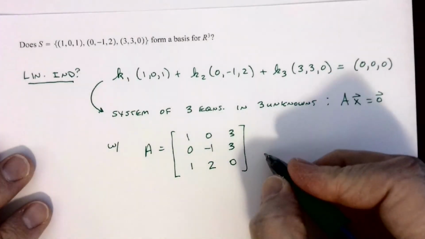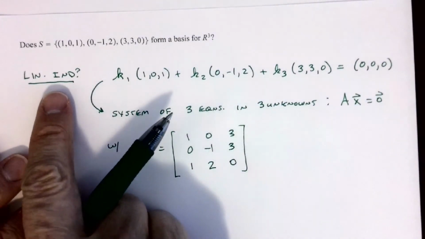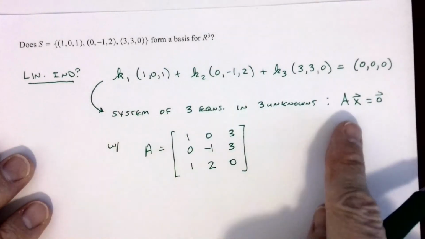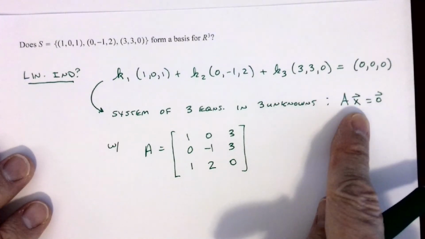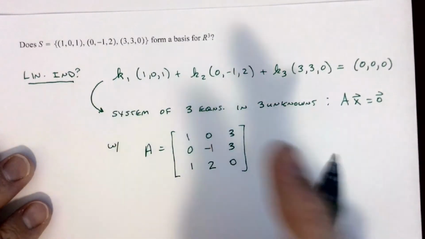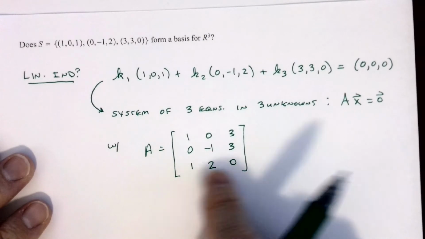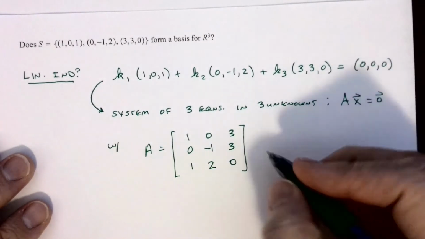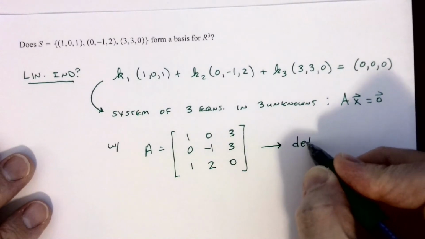Okay, so how can I determine, what am I looking for? If I'm looking for linear independence, I'm looking to see what? Does this system have what? Only the trivial solution. If it has only the trivial solution, then this set of vectors is linearly independent. And so notice this is a system of 3 equations and 3 unknowns, which means our coefficient matrix is square. So we can use the equivalent statements to an invertible matrix here.